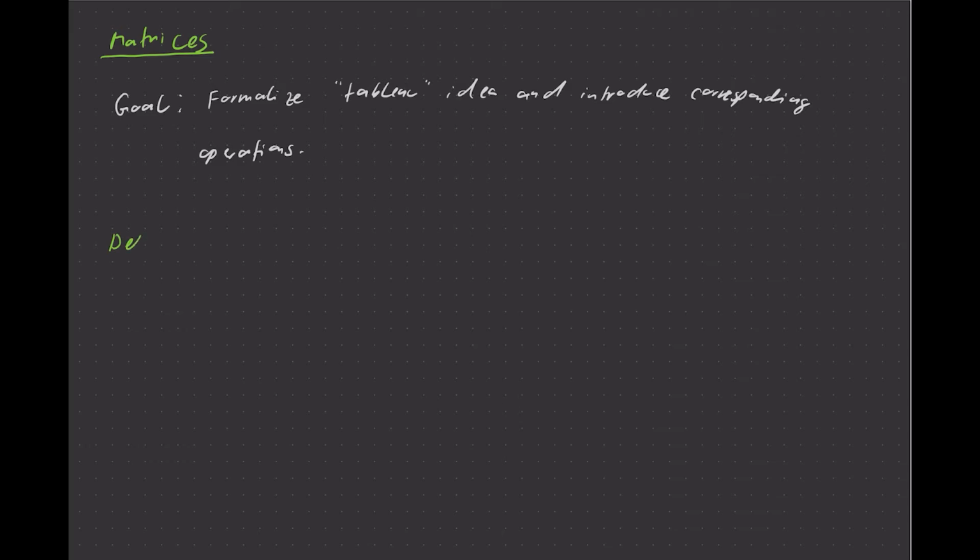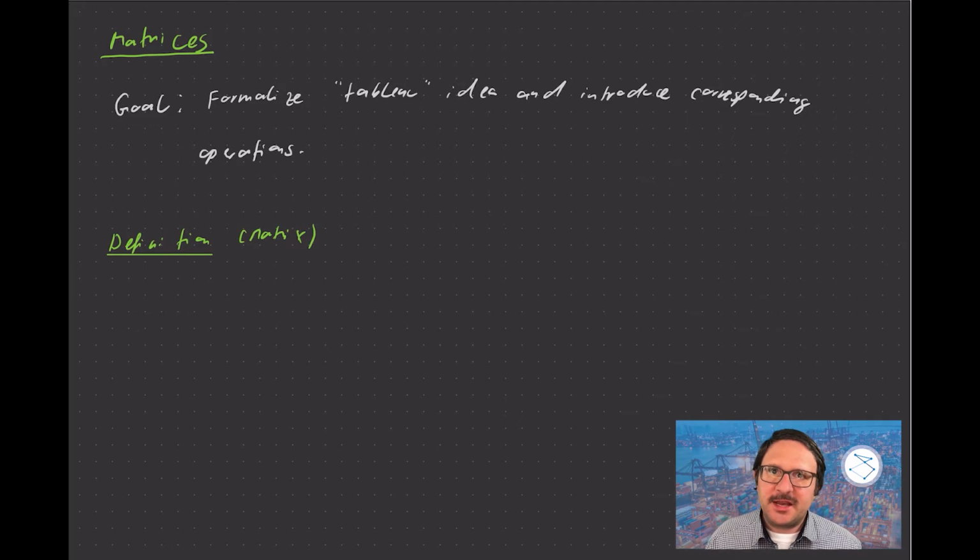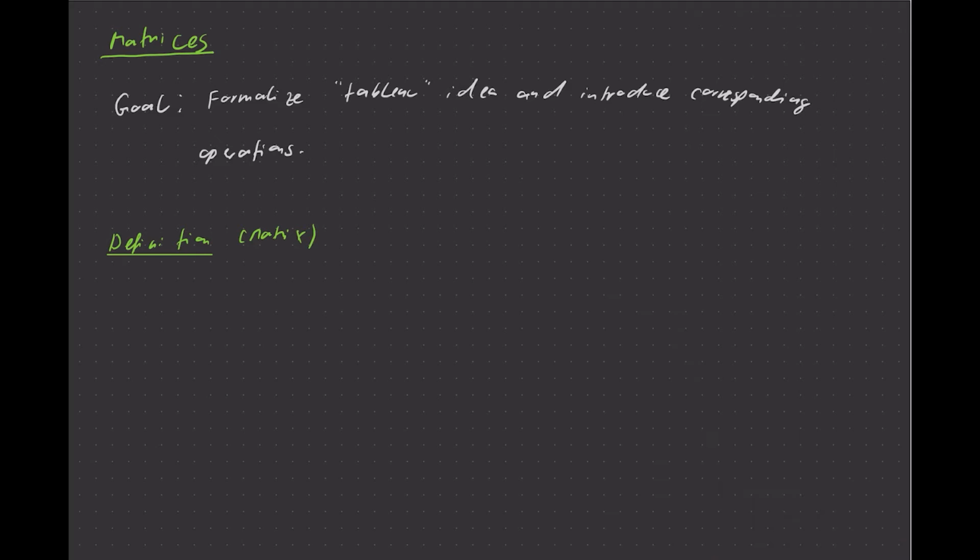Let's start with the definition. We'll define what a matrix is, basically by just saying it's a collection of numbers in a rectangular form, and we have two numbers that specify how many columns and how many rows this rectangular form has.